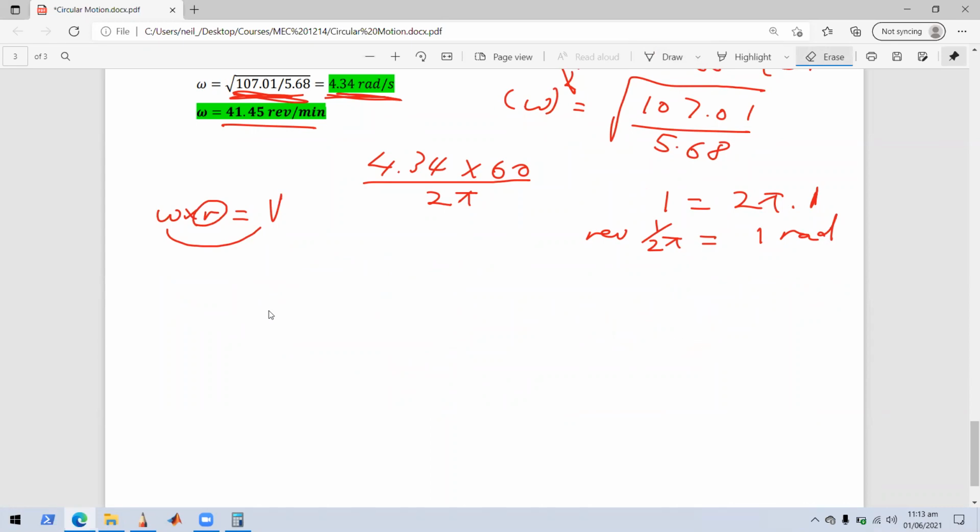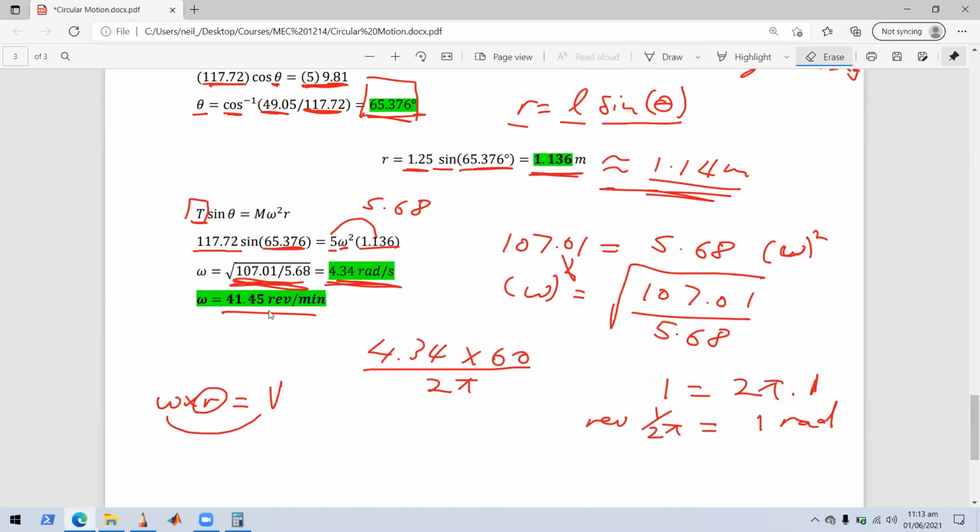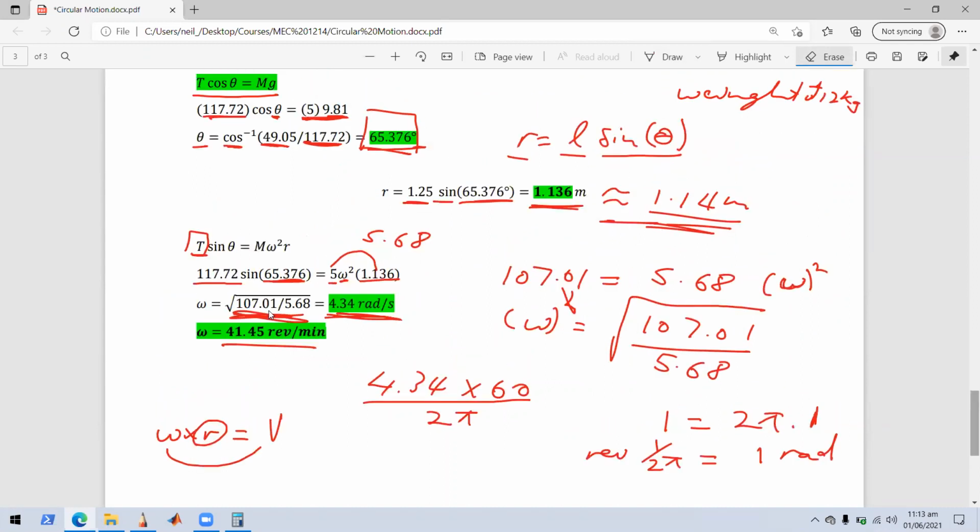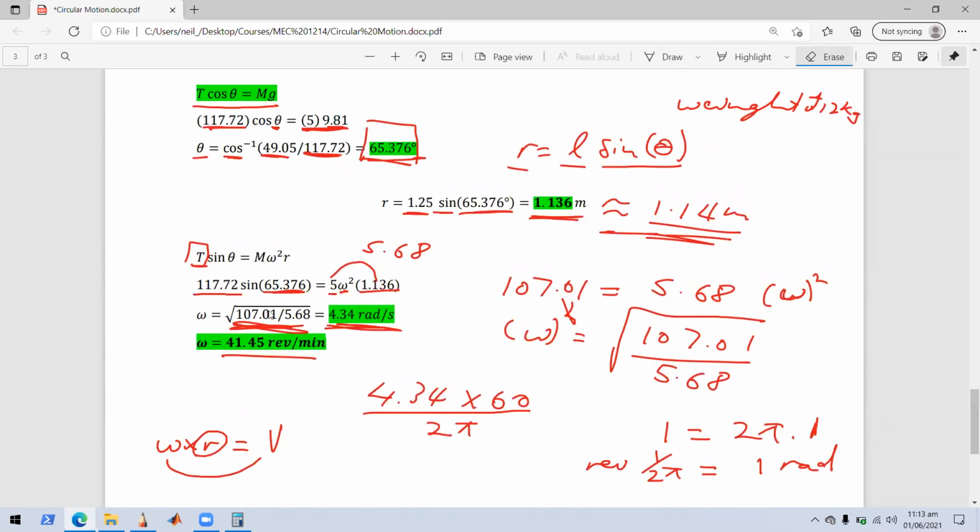These formulas weren't calculated using revs per second. When creating these formulas, they weren't thinking about revs, they were thinking about radians.